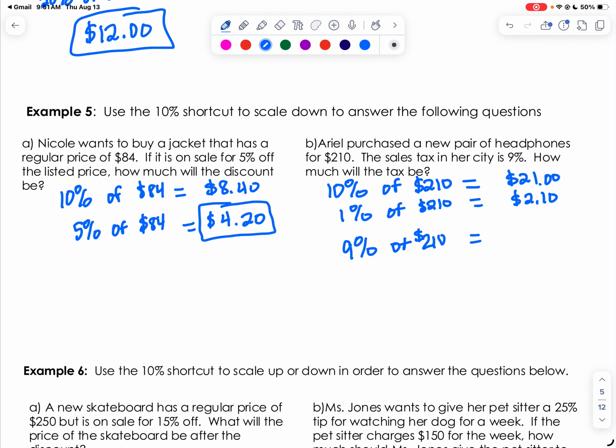So let me add a couple placeholders here. This would be 0. 10 minus 1 is 9. 20 minus 2 is $18.90. So 9% would be $18.90.